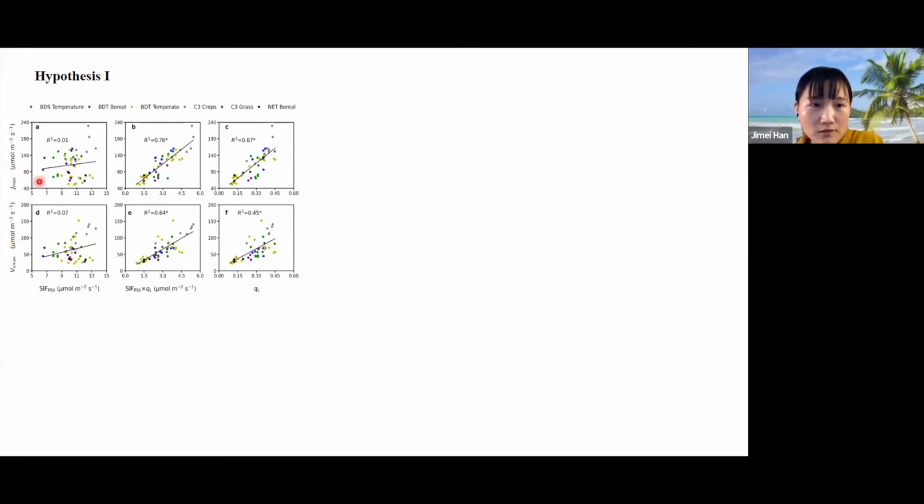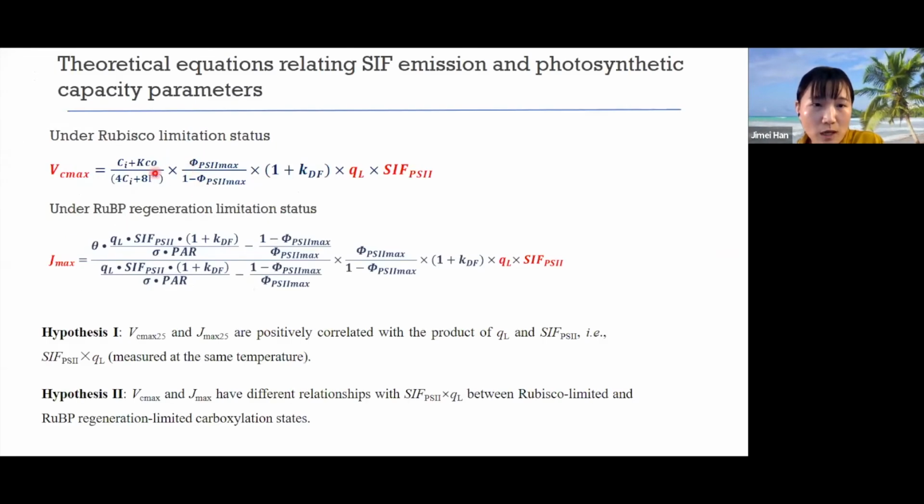That is because the parameters in these formulations are often assumed as constants, but they are currently unknown. So these assumed constant values will cause inaccurate Vcmax and Gmax values.